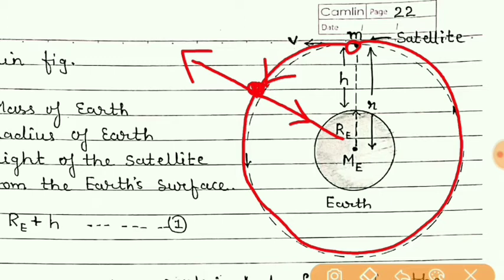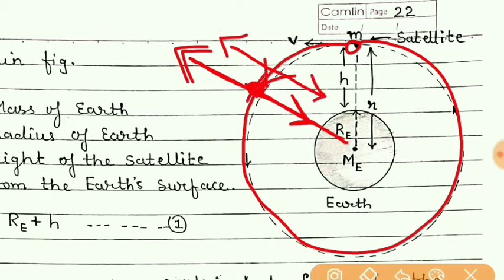Students, centrifugal is outward and centripetal is inward, but centripetal force is nothing but gravitational force. And as both the forces are in opposite directions as well as of the same magnitude, this satellite will neither move outward nor move inward, that is, towards the Earth.